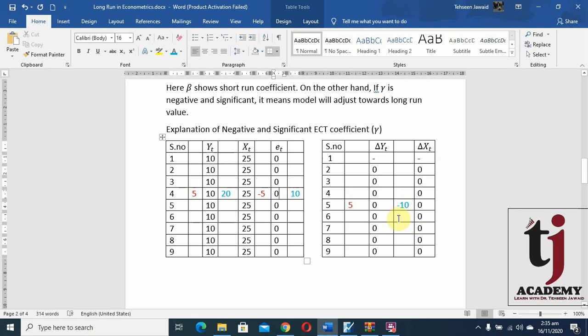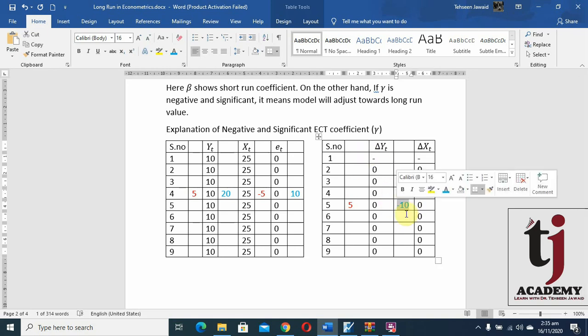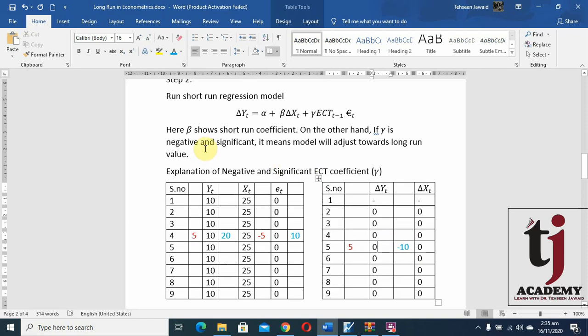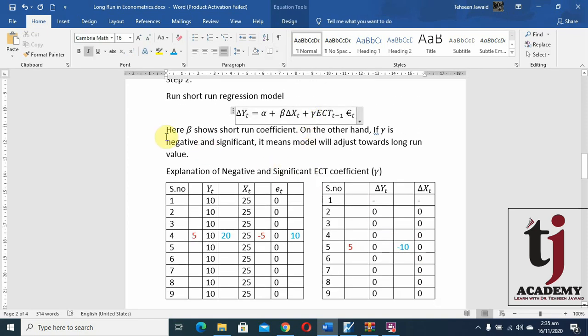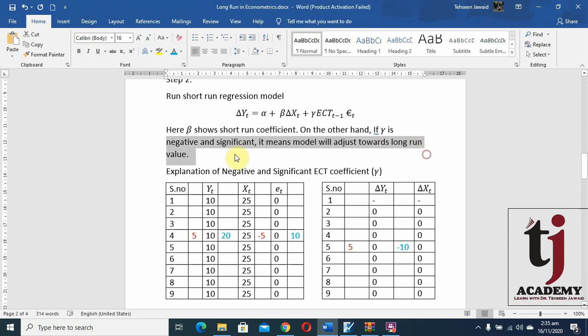So in this case, we also get the negative relation between change in y and the lag error term. If this coefficient is negative and significant, it means the model will adjust towards the long run value or long run equilibrium.